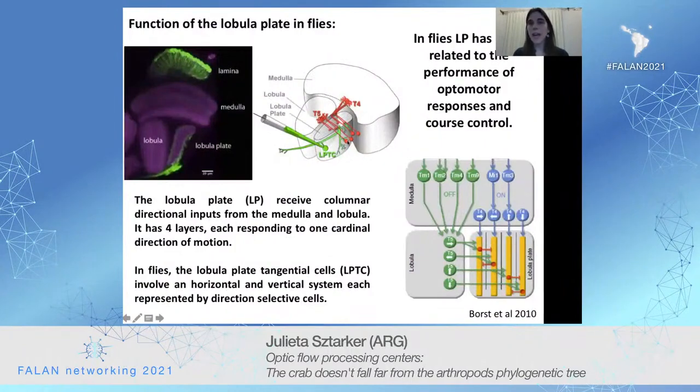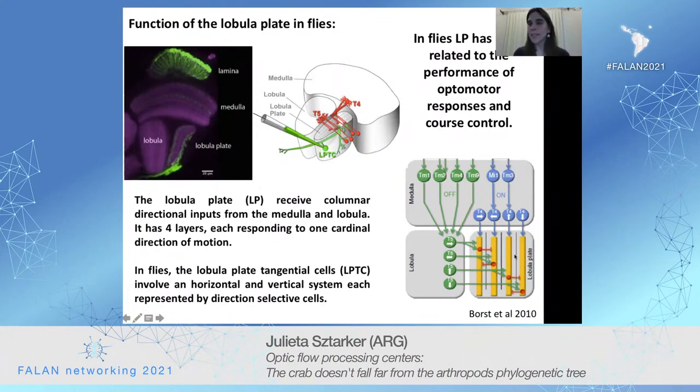In this structure, it has big tangential neurons. They have about 60, containing two systems of directional cells responding to horizontal or vertical displacement of the images. And the lobular plate has 4 layers.